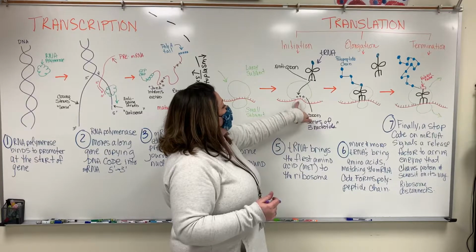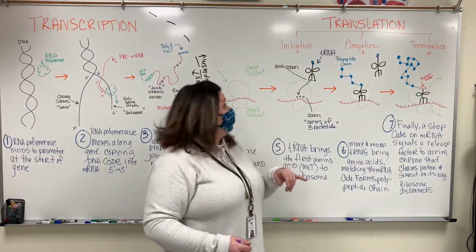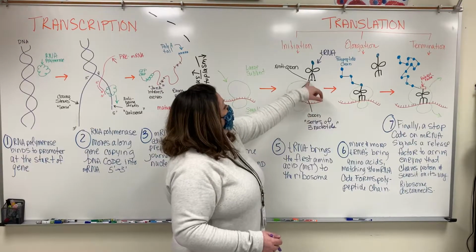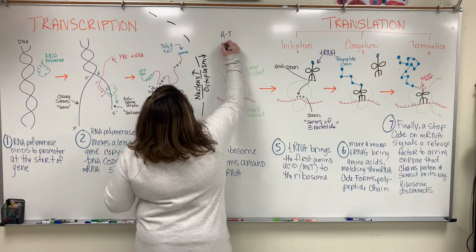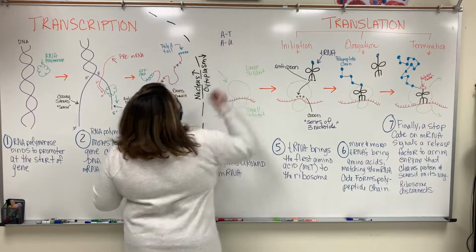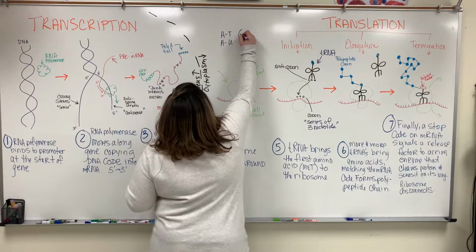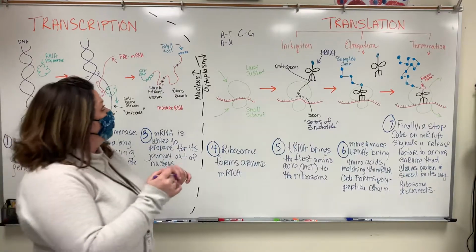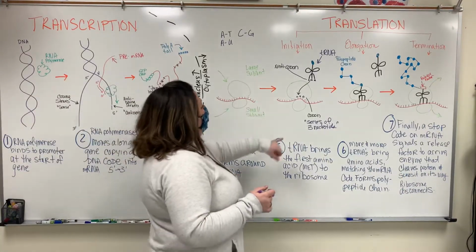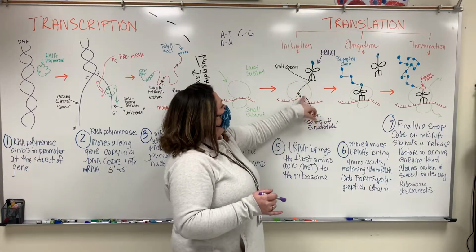So if this is UC, because remember it's RNA, so it has a U instead of T. U binds with A. We remember A and T bind together. Well, if we're talking about RNA, A also binds to U, and C still binds with G, that rule still applies. So these are our base pairing rules. U binds with A, C binds with G.